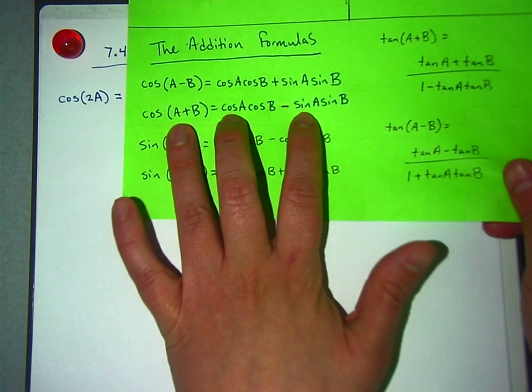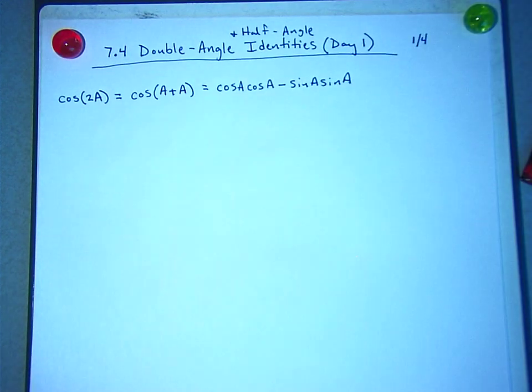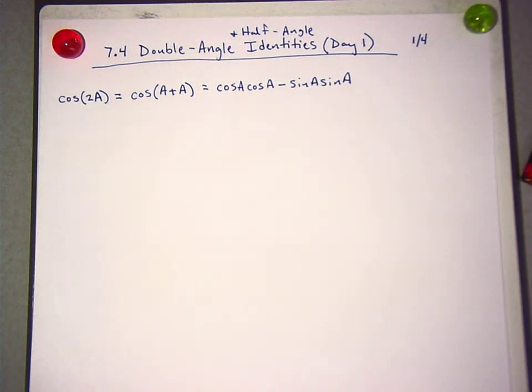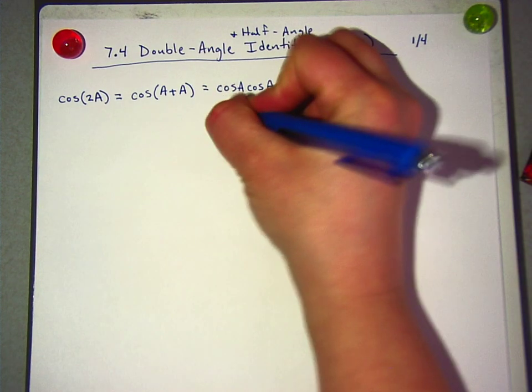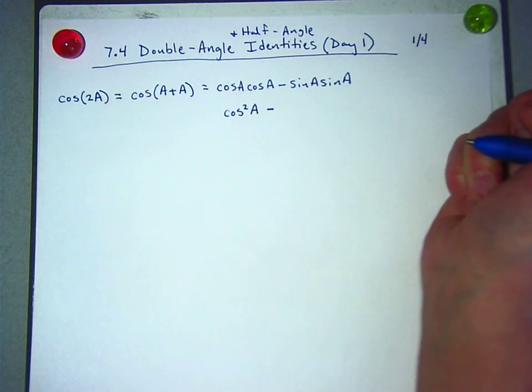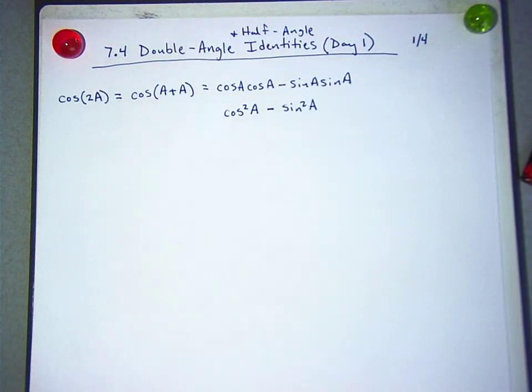So basically I'm using this formula right here, but instead of writing a's and b's, I'm writing a's and a's. What's cosine a times cosine a? Cosine squared a minus? And that's our first double angle formula.